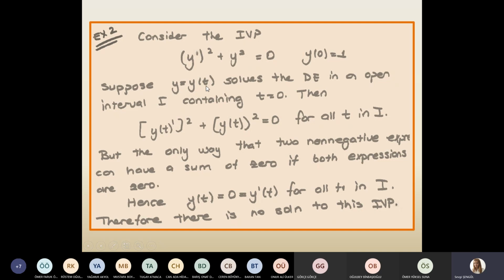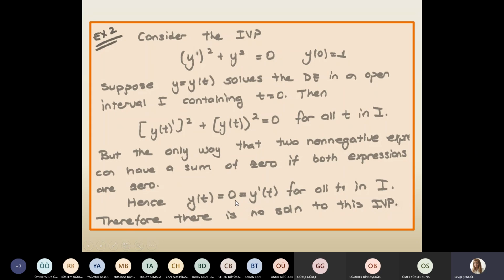And let's say we have a solution y of t that solves this differential equation. And once we plug in for that, we can see that this is true only if the derivative and y of t is 0. Okay, and you know that once you take the integral of this one, it will be c, and once you take the integral of that one, you will get something else.